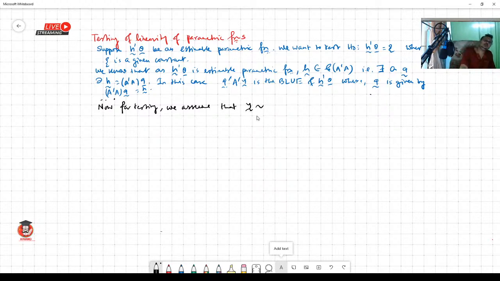For estimation we do not need the distribution assumption of y curl, but for testing we need to assume it. So here we generally assume that in the linear model y curl belongs to an n-dimensional normal distribution with mean vector A theta curl and dispersion matrix sigma square I. That means the yi are uncorrelated.